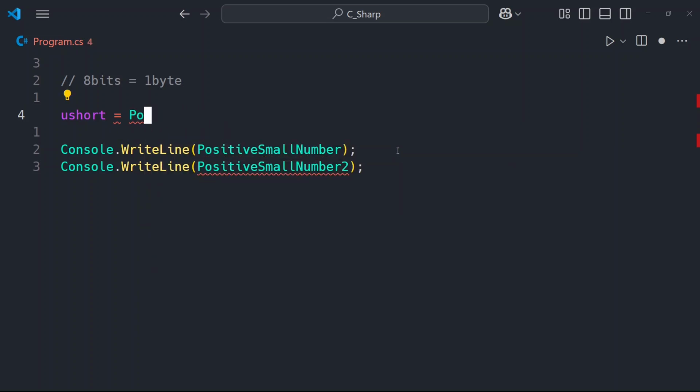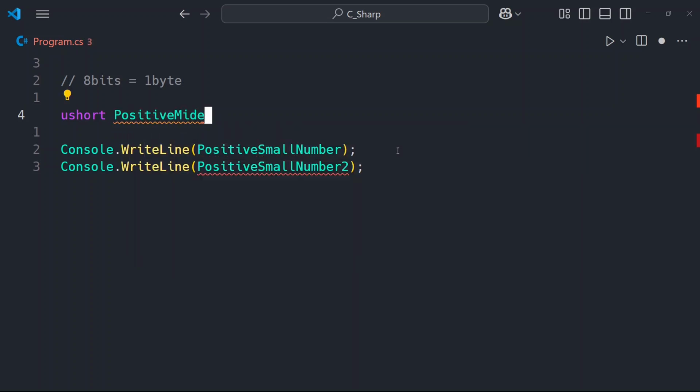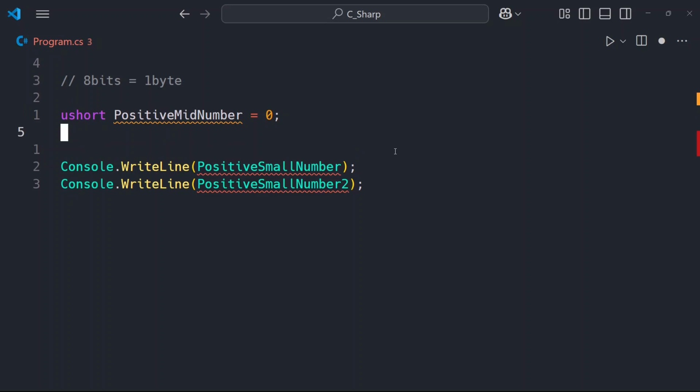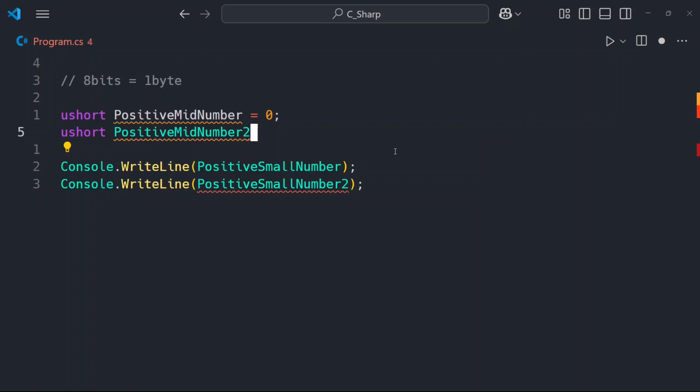It can go from 0 all the way to, I think it's 65 thousand, something like that.